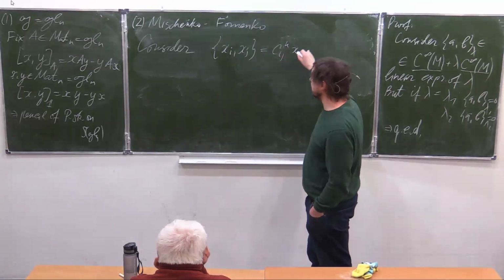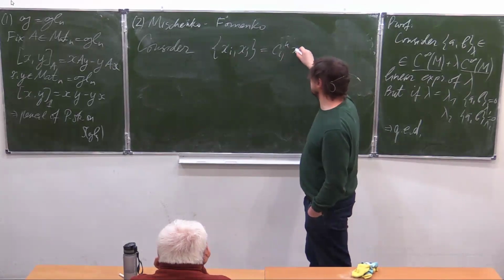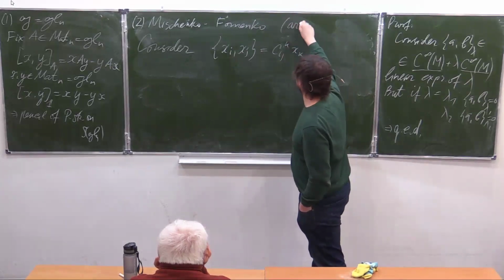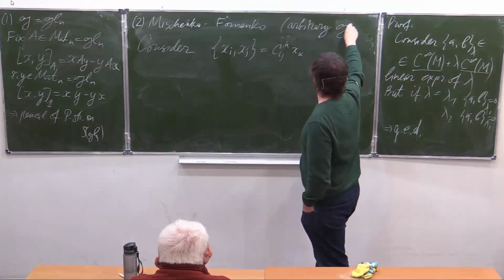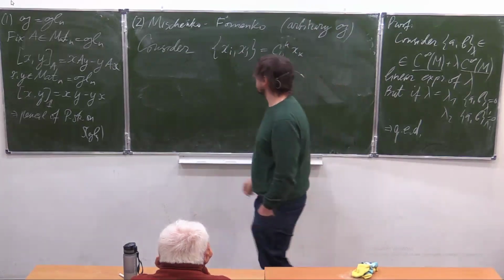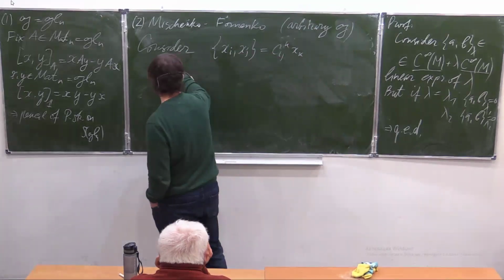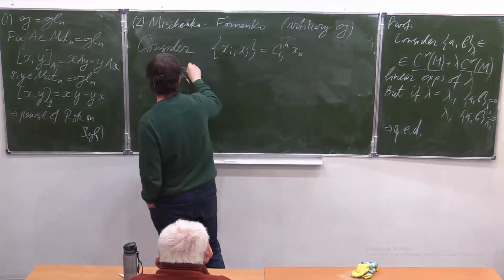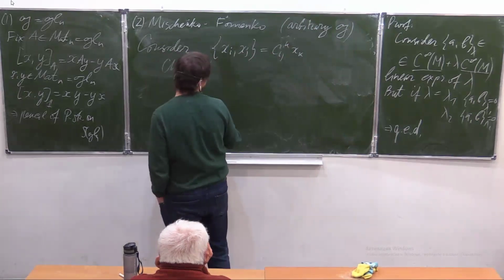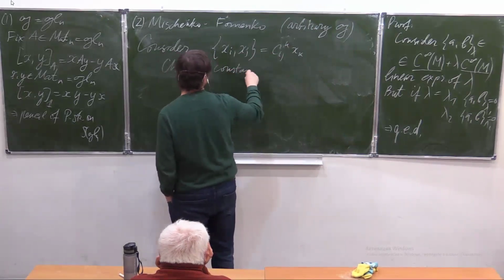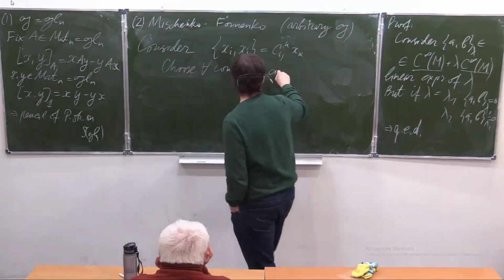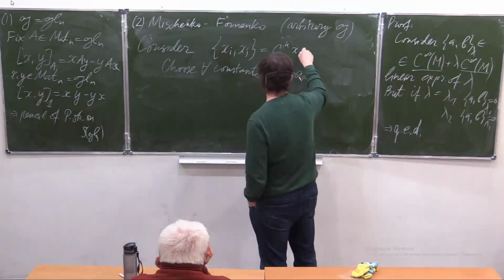So it's generic for any Lie algebra, arbitrary G. Choose any constants A1, ..., AN, where N is the dimension of G.